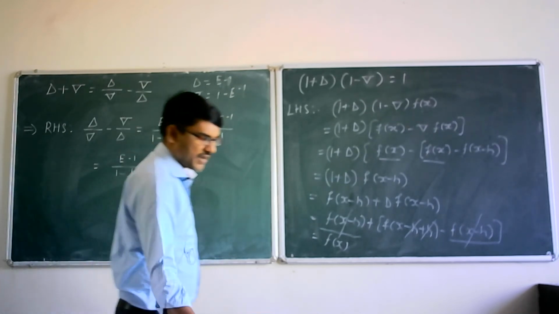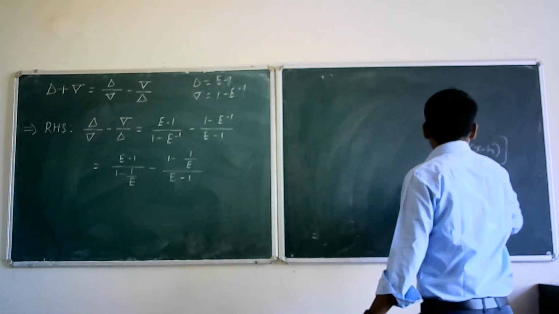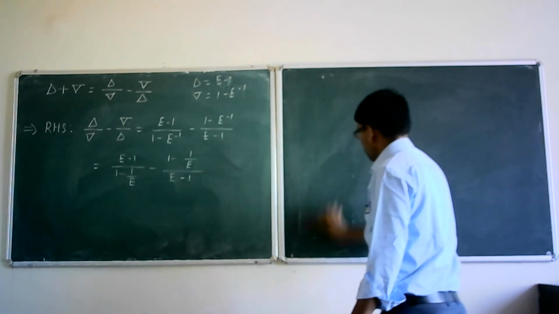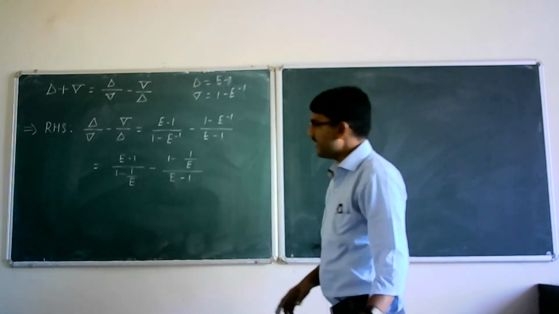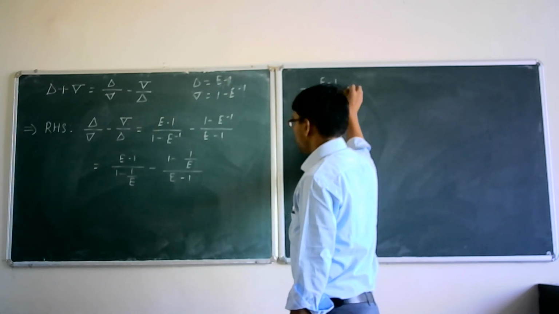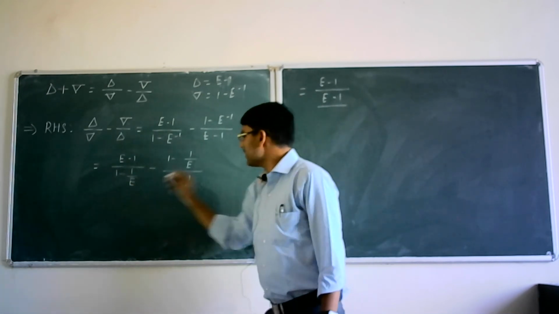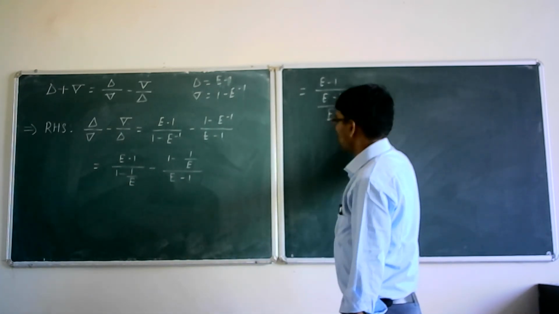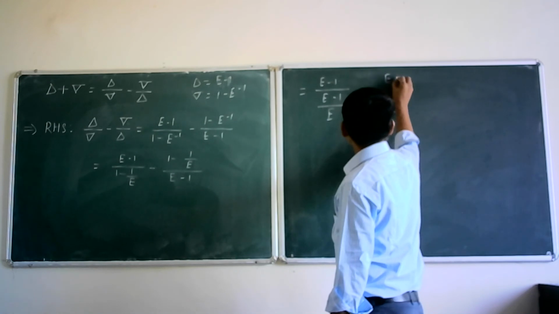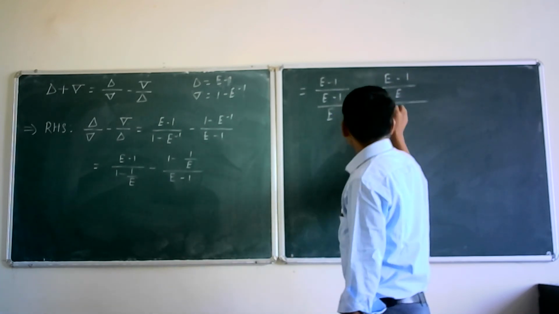So if you simplify this, if you take the LCM, you will get e minus 1 divided by e minus 1, this whole divided by e, minus e minus 1 divided by e, and this whole divided by e minus 1.